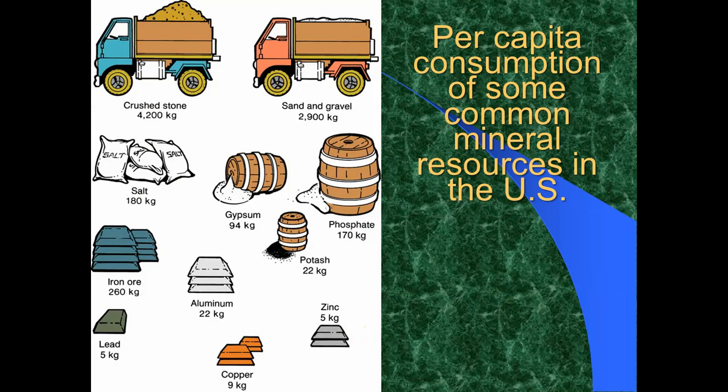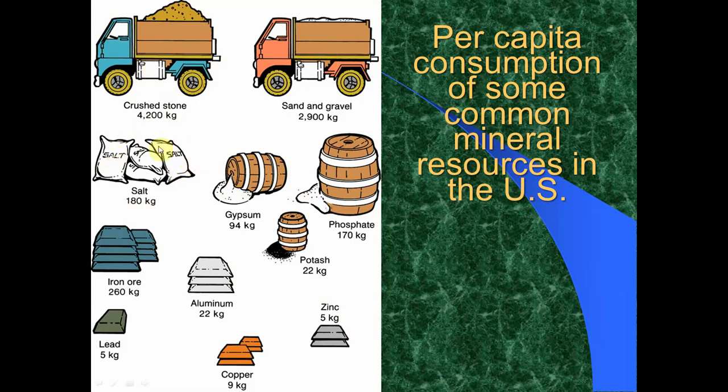Now, if we look at this on a per capita or per person basis, these are some of the most common minerals, and I want to draw a line right here. Everything above this line would be non-metal mineral resources. Everything below the line are metal mineral resources. So if you look at some of our biggest uses: crushed stone for construction, once again sand and gravel, salt.